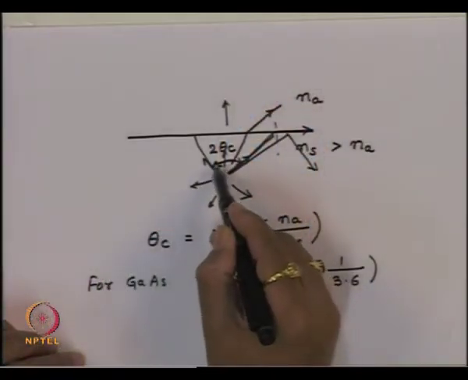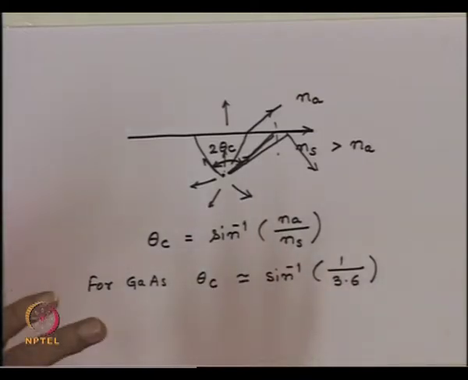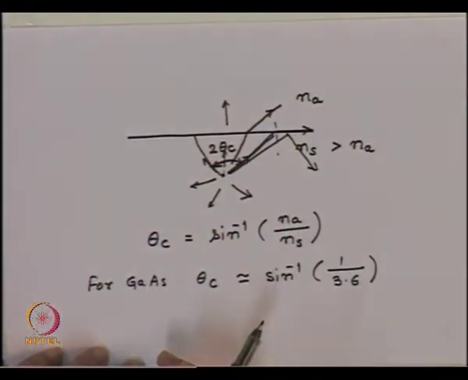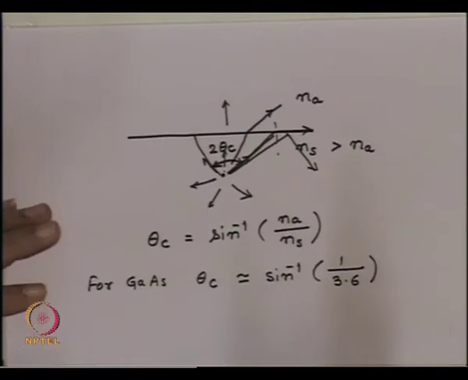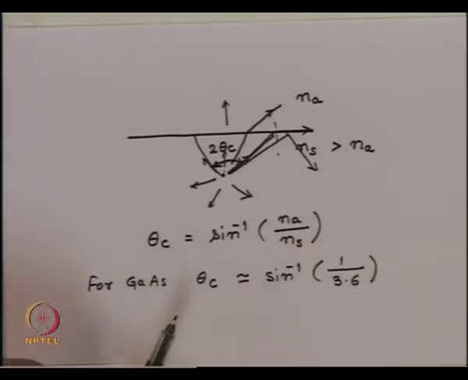So, what that means is that although the photons are born with spherical symmetry, only photons which are lying within a cone of only plus minus 20 degrees from this direction can escape out. All other photons essentially will get reflected back inside the device, and ultimately they will again give the energy to the carriers, and the energy will get thermalized.